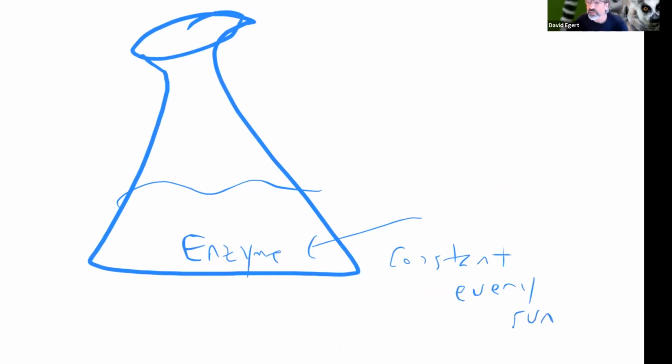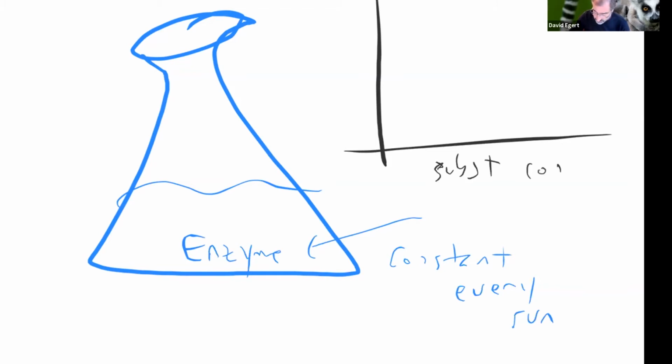It's one of the things that if I was actually in the lab, I would have to play with to make sure that the concentration of the enzyme is just right. If the enzyme was really low concentration to start with, what would I see as I looked at substrate concentration versus reaction rate?